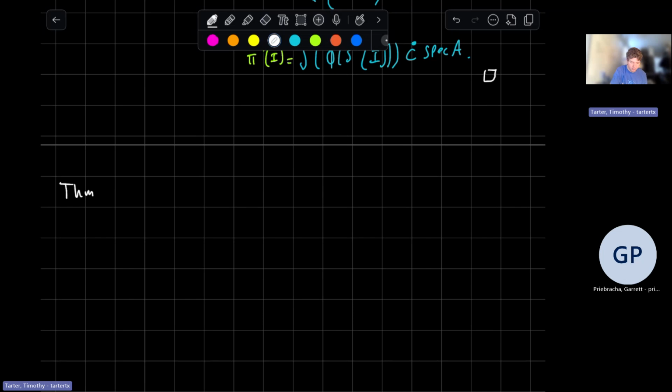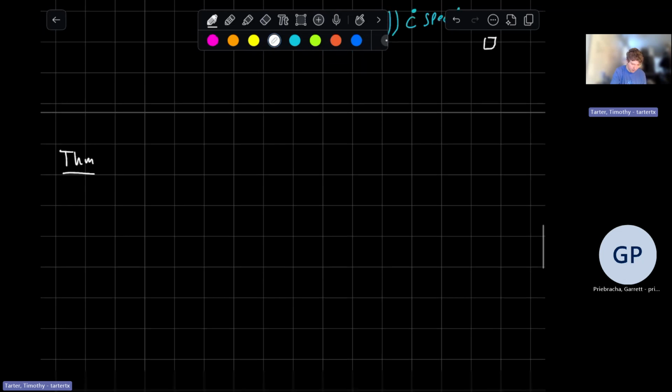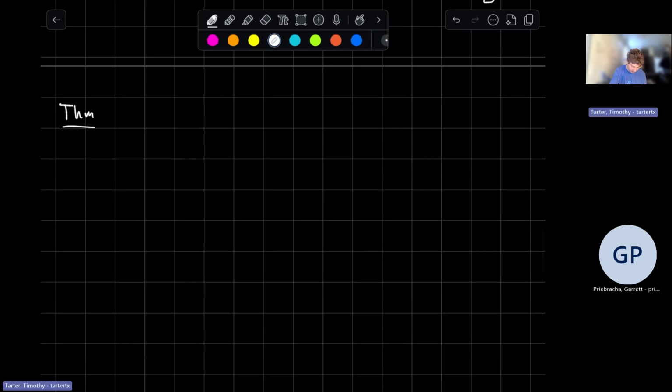Yeah. So theorem: let I and S contained in B be an ideal and a multiplicative subset.